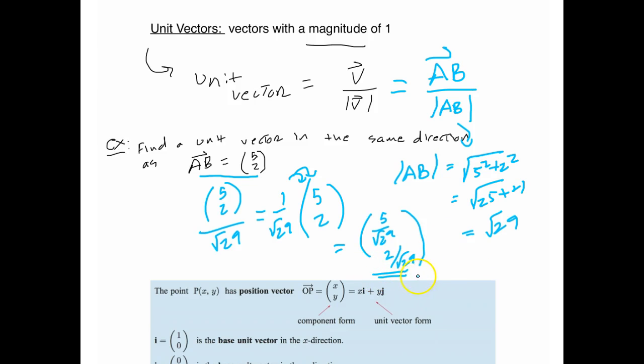Now, when you do a unit vector, you generally want to actually write in that notation of the unit vector. So you want to write it in the ij notation. So 5 over radical 29 i plus 2 over radical 29 j. And there you go. So that's how you write a unit vector in the direction of a vector. All you do is you get the vector itself and divide by its magnitude.